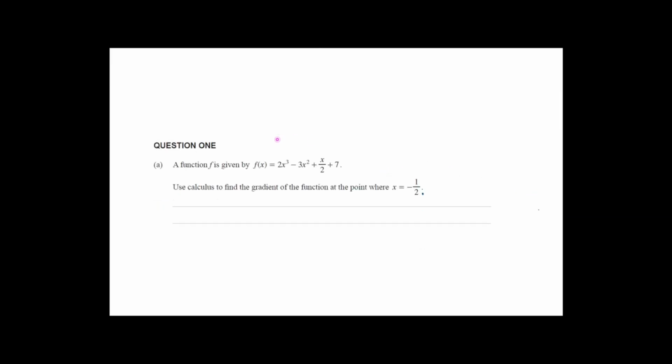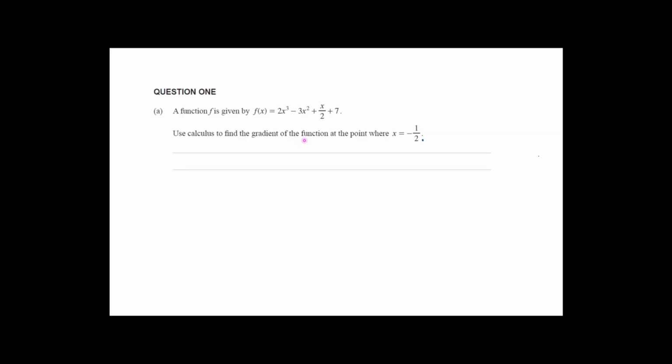All right, first thing up is going to be question 1, logically speaking. Tends to come first. So a function is given by f of x is 2x cubed minus 3x squared plus x over 2 plus 7, and find the gradient where x is negative a half.